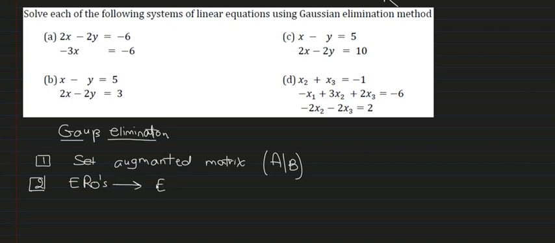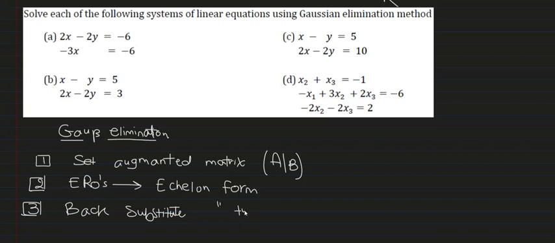So we need to get the echelon form using the elementary row operations. In step number 3, we will apply the back substitution in order to read the solution. And this step number 3 will differ according to the type of solution. So here, according to the type of solution, our behavior will change.